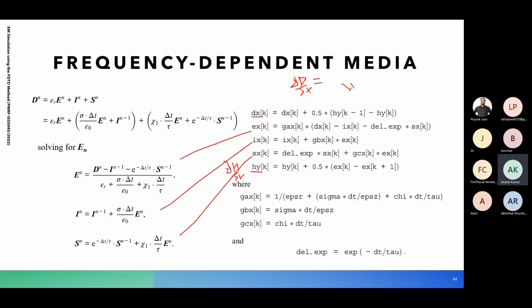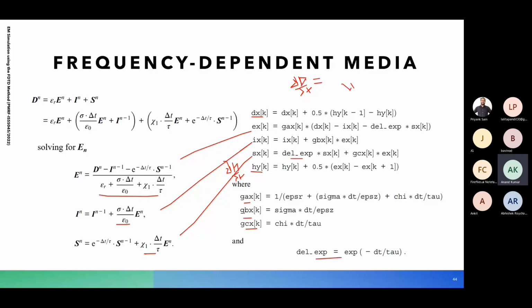So we get this set of five update equations for frequency dependent media, and again we have substituted this particular thing is calculated as GAX over here, and this is calculated as GBX, and this is calculated as GCX, and this particular expression is given over here.